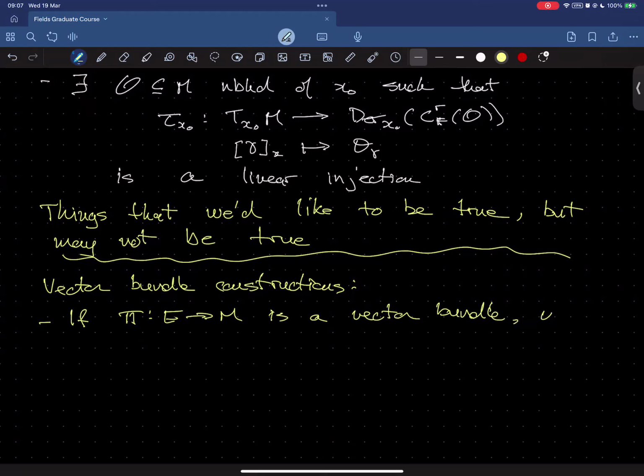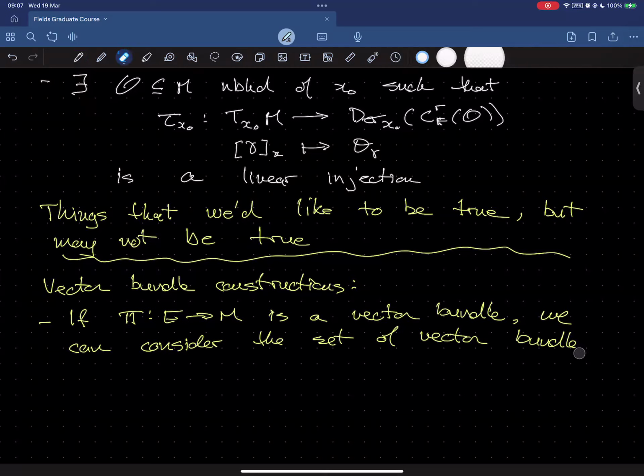okay, we can consider the set of vector bundle mappings from E to the trivial bundle, F^M.